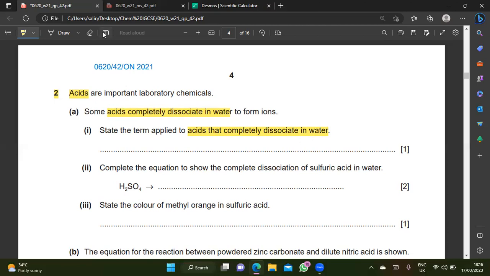Let's do a bit of theory here, yeah? So what do we use? Strong acid. What is the characteristic of a strong acid?